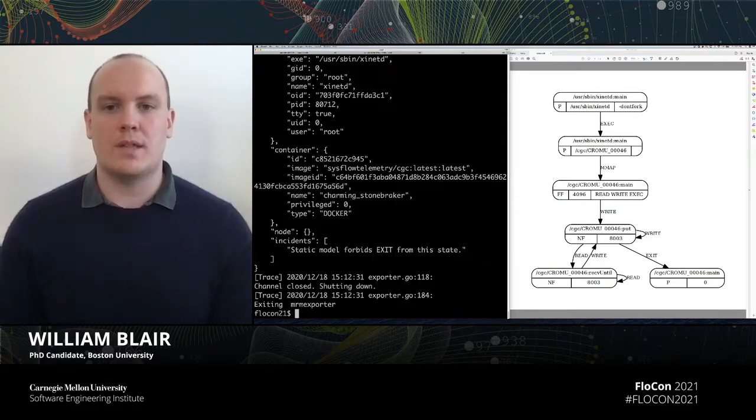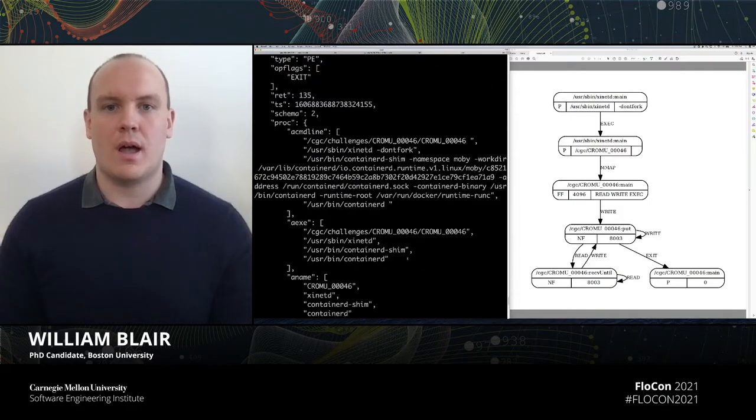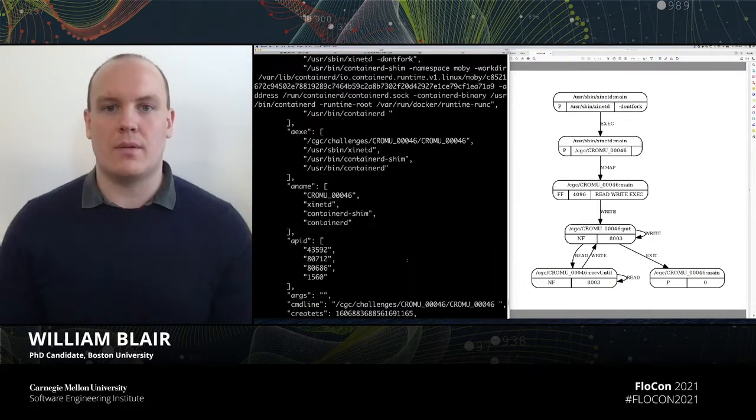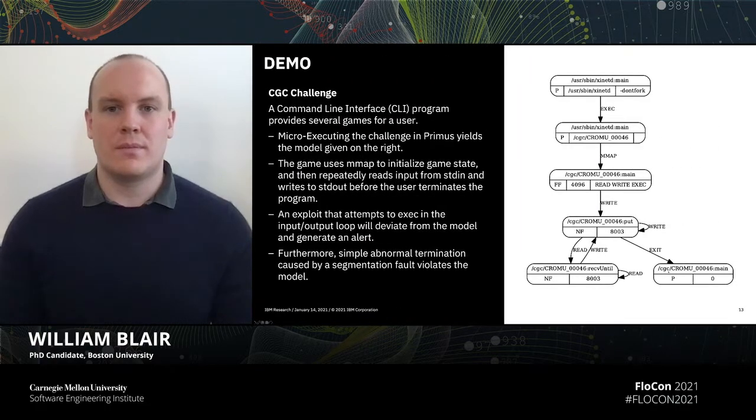What the MRM does is it observes that an exit event occurs in the SysFlow trace and that the return value of 135 does not conform to the expected value of 0, and the MRM generates an alert in the form of a SysFlow record for an operator to examine. So that's the demo of the Microservice-Aware reference monitor.